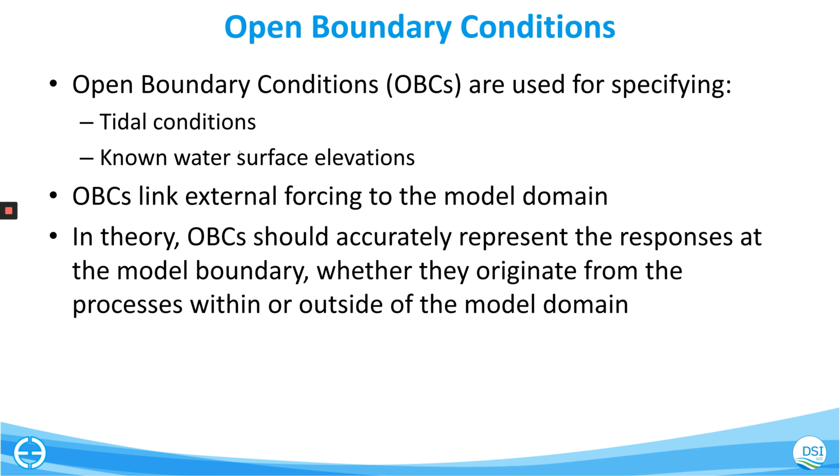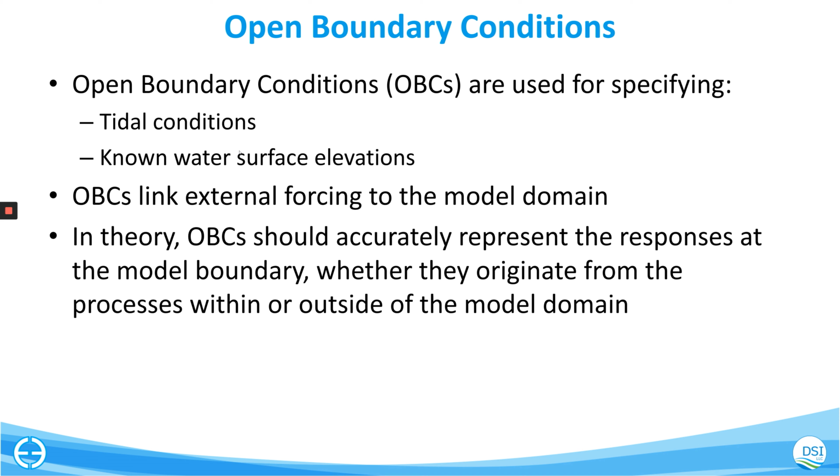Typically for an open boundary, you're going to have some knowledge of what the tidal conditions are in your system. If you're close enough to an ocean, you might be able to use harmonic constants to predict your tidal boundary.